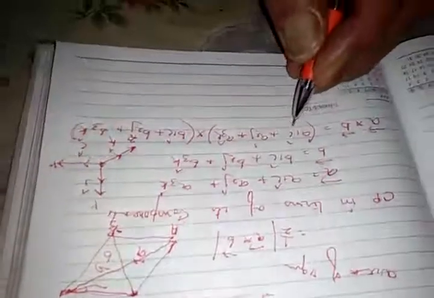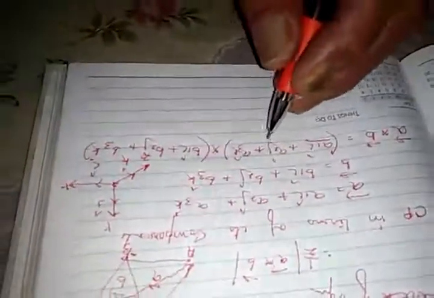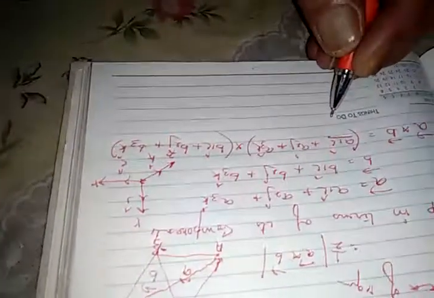So first of all, you take the cross with this A1 i, then A2 j, then A3 k. A1, A2, A3, B1, B2, B3, these are scalars. Vectors are only i, j and k.